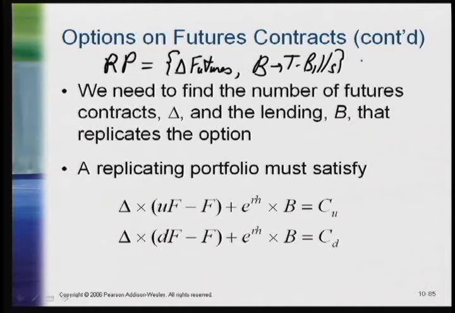Notice that the cost is B. We can enter delta futures contracts for free. There may be a margin account associated with that, but the margin account is our deposit account. It's not part of the cost. We will enter into delta futures contracts and B dollars of T-bills.